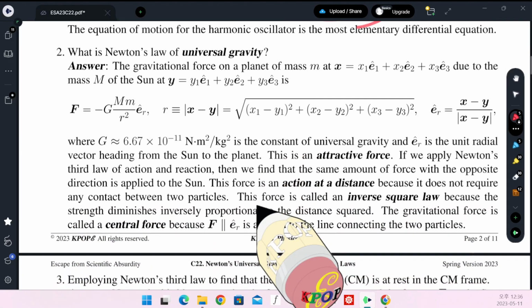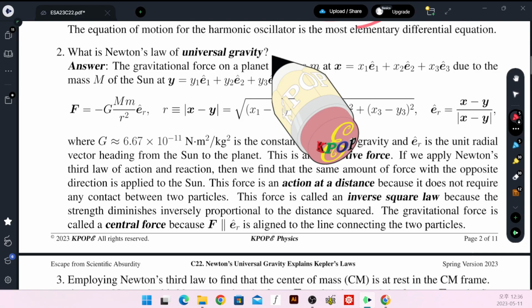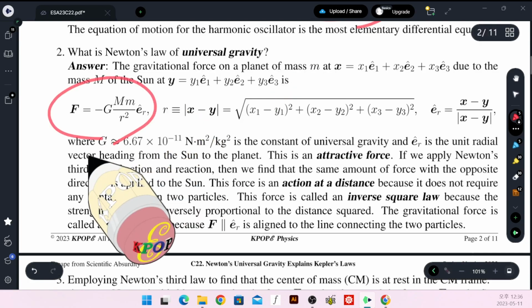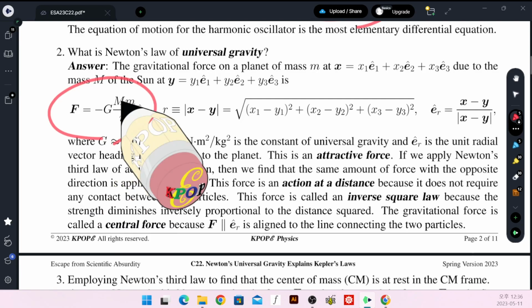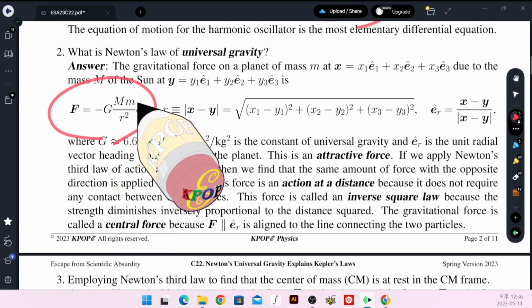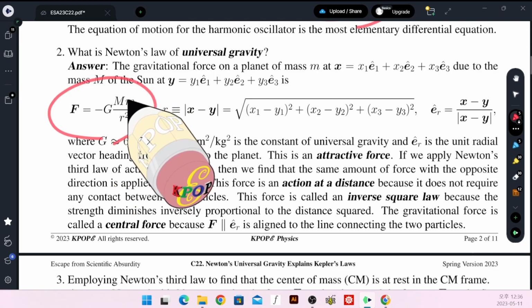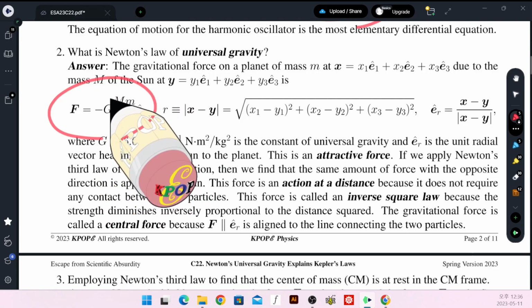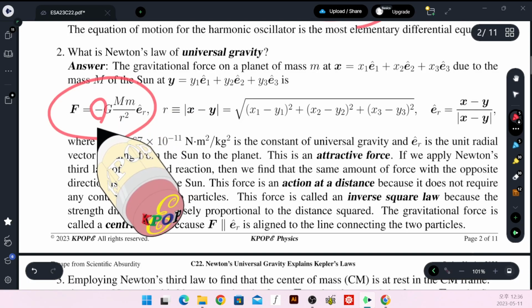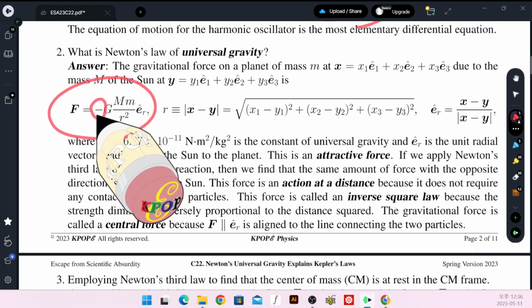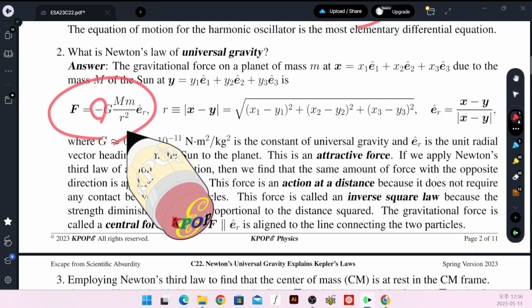What is Newton's law of universal gravity? This is the universal force applied to any particle of mass. So for example, the mass of the sun and the mass of the earth are subject to an attractive gravitational force, denoted by the negative sign, between the two massive objects. It is proportional to the inverse of the distance squared.